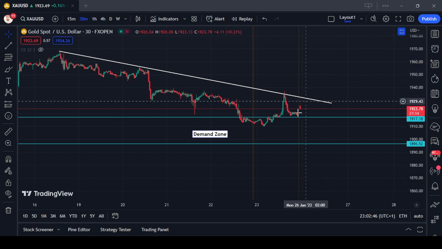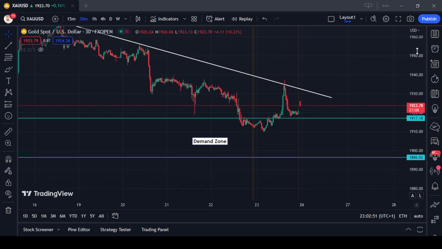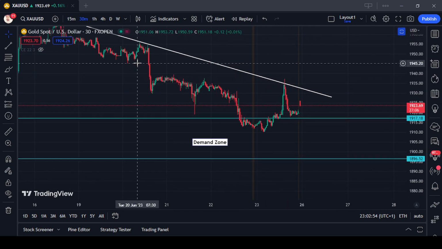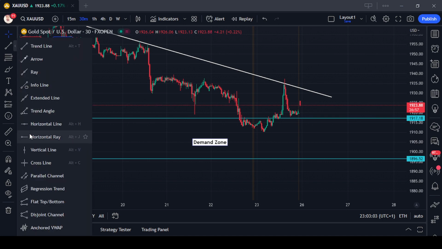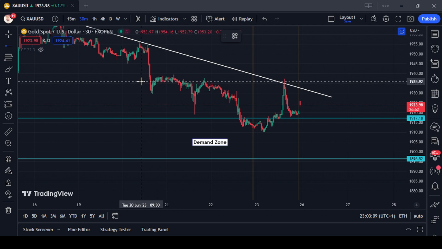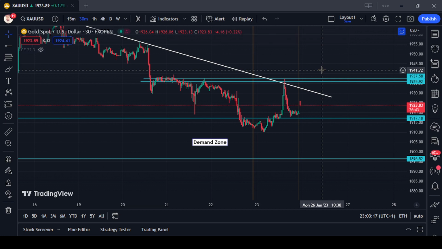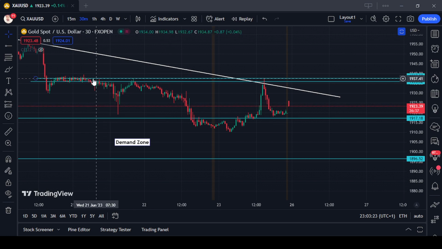As you can see, previously gold rejected this trend line in the sell direction, and if I make another level here, this could be our resistance level. Let me mark this level like this, so we can see clearly that this was the resistance level and this was also the trend line.